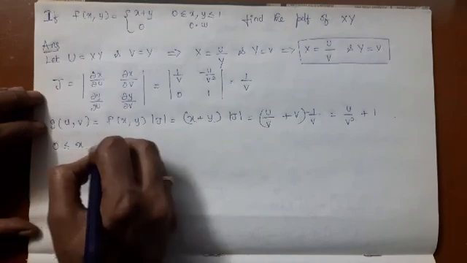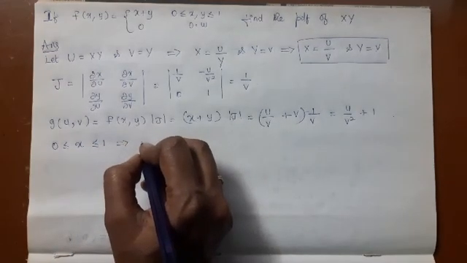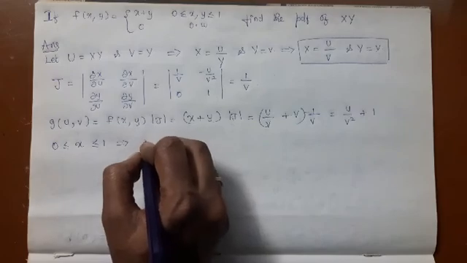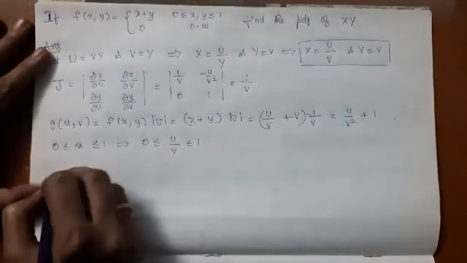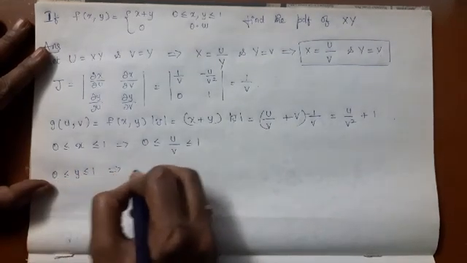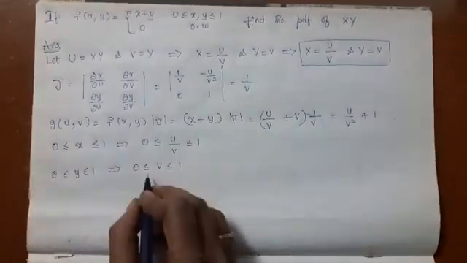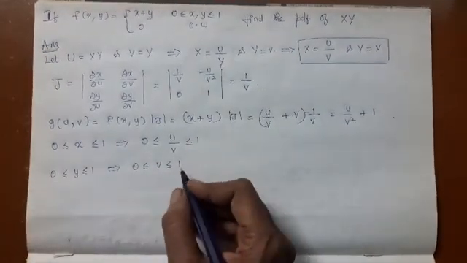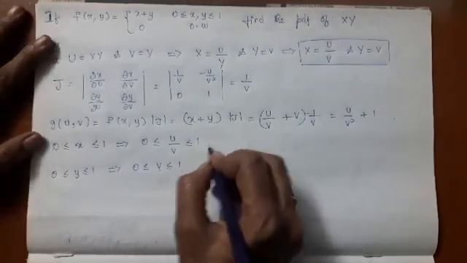Now let us think about the range of transformation. The range of the variables, 0 less than or equal to x less than or equal to 1, implies, since x is nothing but u by v, 0 less than or equal to u by v less than or equal to 1. And 0 less than or equal to y less than or equal to 1 implies, since y is nothing but v, 0 less than or equal to v less than or equal to 1.